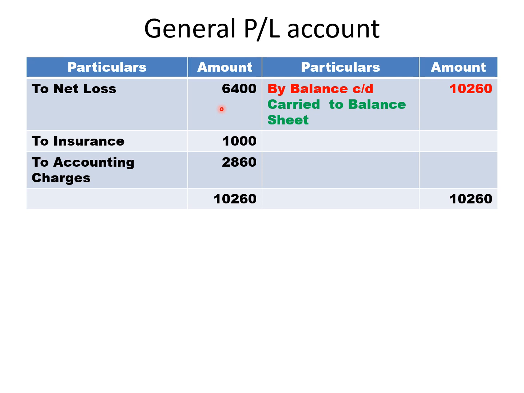Insurance and accountancy charges cannot be distributed, so take them to general PL account. So the total of the debit, the balance will be carried to balance sheet. So 10,260 is the final amount to be taken to the balance sheet. So this completes the problem. Let us go to the next question.